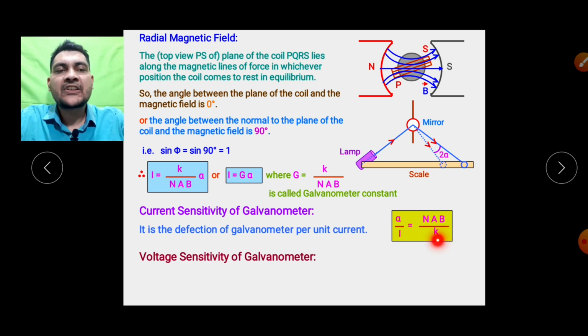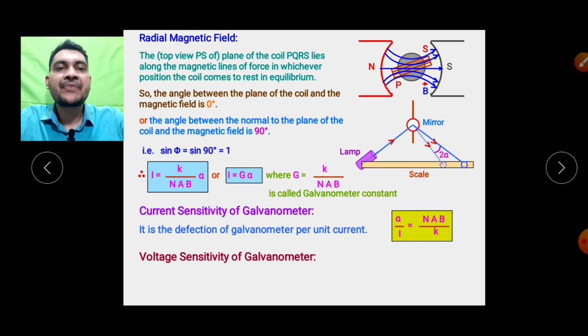Therefore we prefer copper for making the spring in a galvanometer. So for increasing the current sensitivity, you keep the number of turns high, the area of the coil large, the magnetic field strong, and use a spring having a small spring constant.